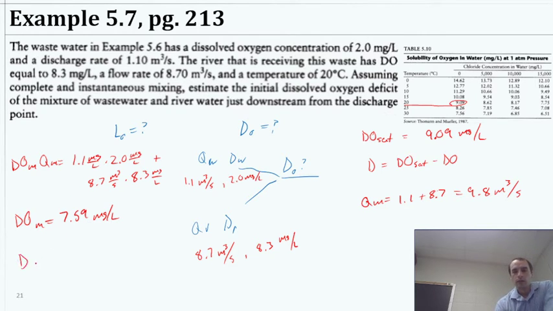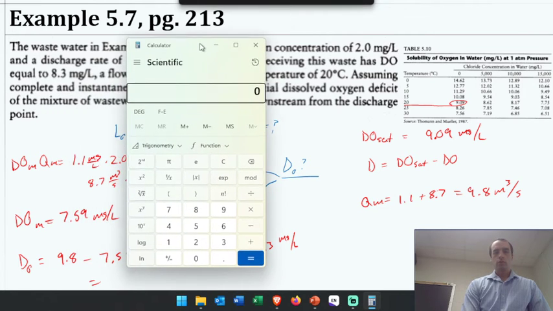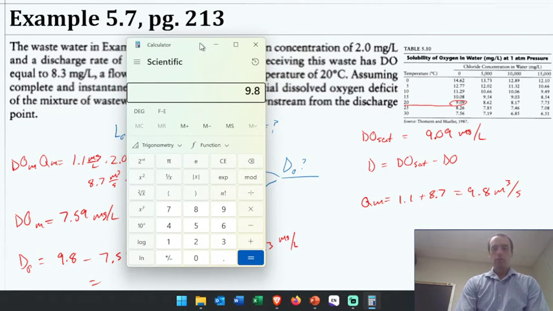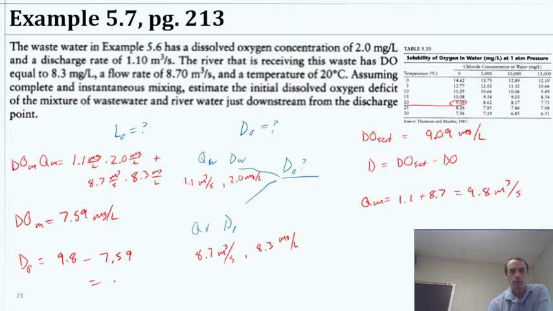And then that means the initial deficit is going to be that saturation value, 9.09, minus this 7.59, some milligrams per liter. And so that's going to give us, calculator, 2.21 milligrams per liter of dissolved oxygen.